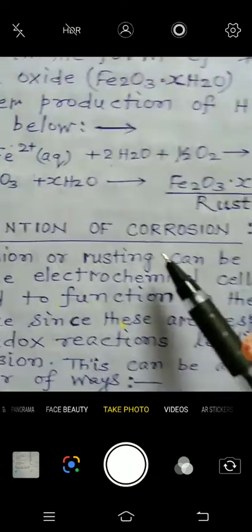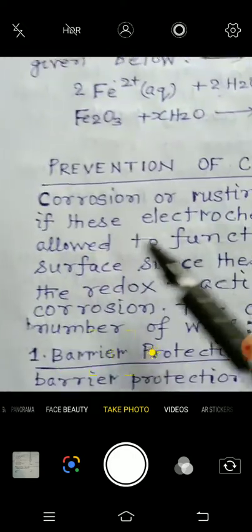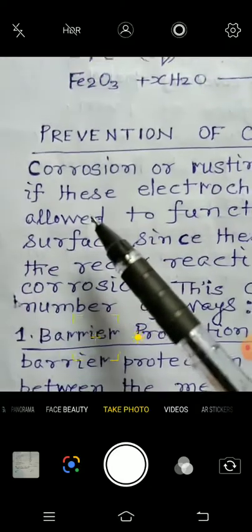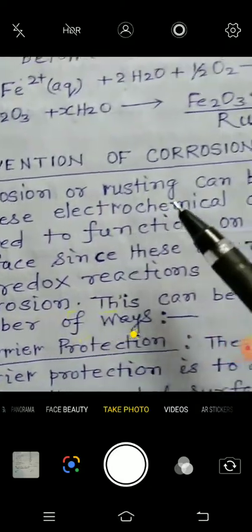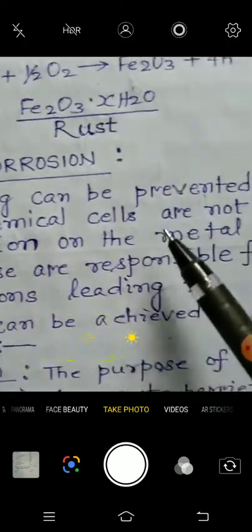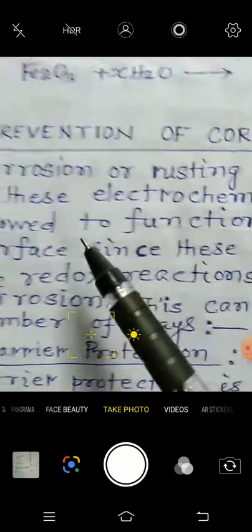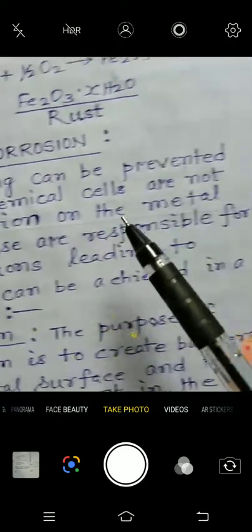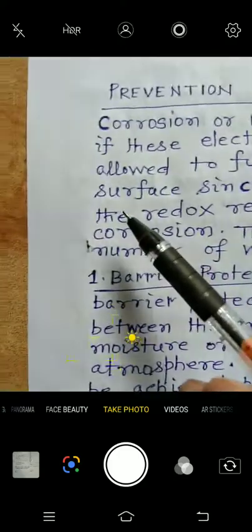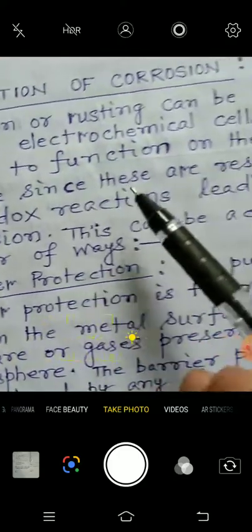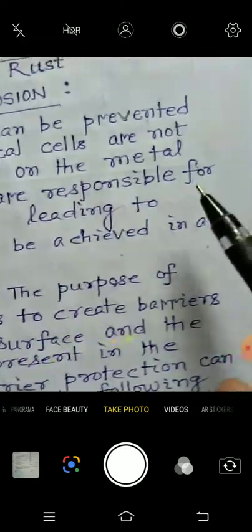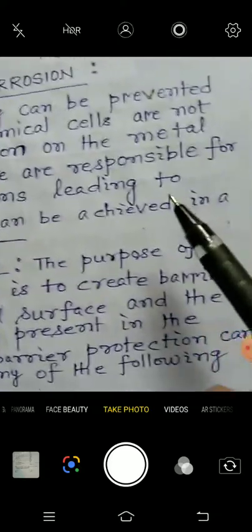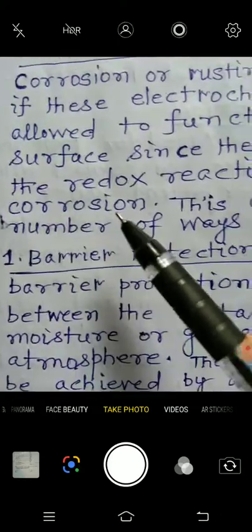Now, the prevention of corrosion. Corrosion or rusting can be prevented if these electrochemical cells are not allowed to function on the metal surface, since these are responsible for the redox reactions leading to corrosion.